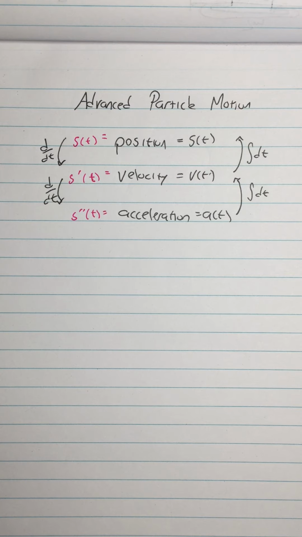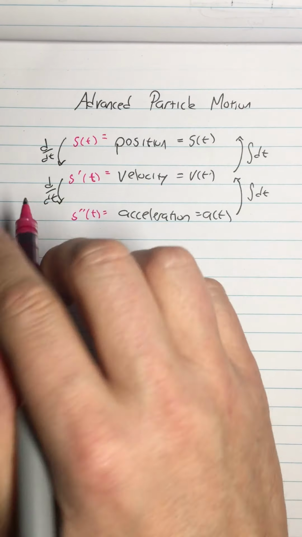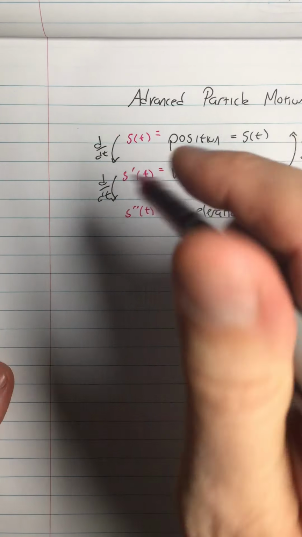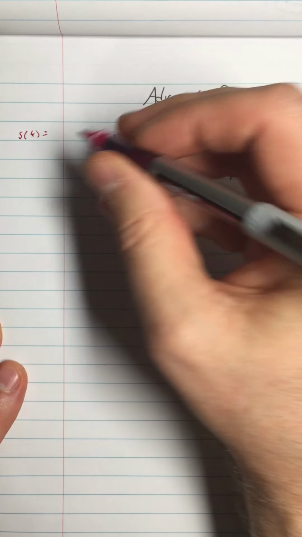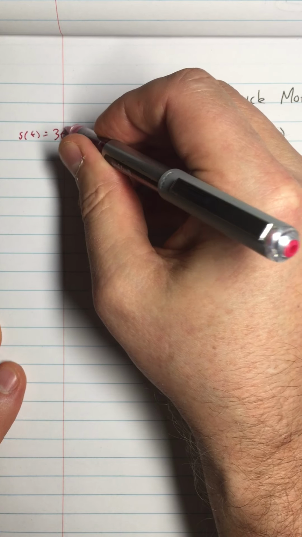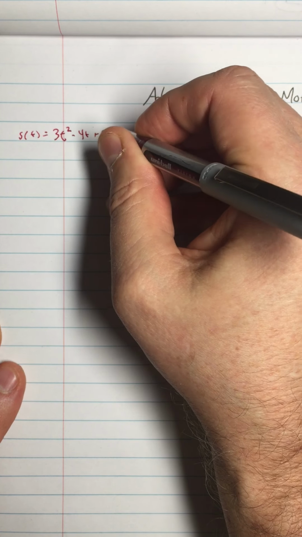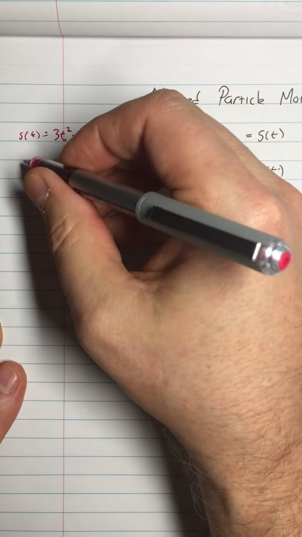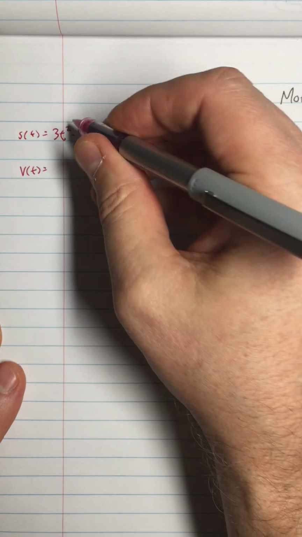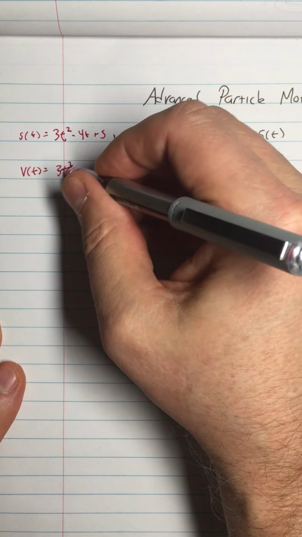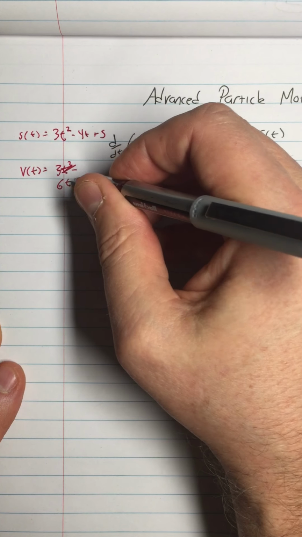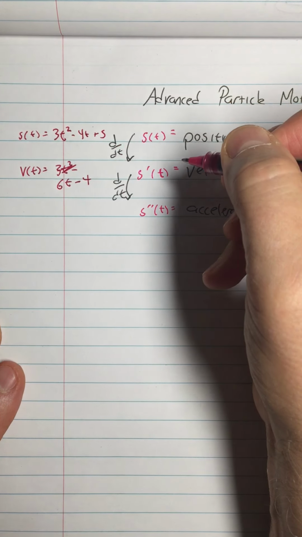Now, but something weird happens though. So let's just, for example, say that your position, your s of t, let's say it was 3t squared minus 4t plus 5, okay, just as a made-up example. Then v of t would be the derivative of that, which would be 6t minus 4, right?